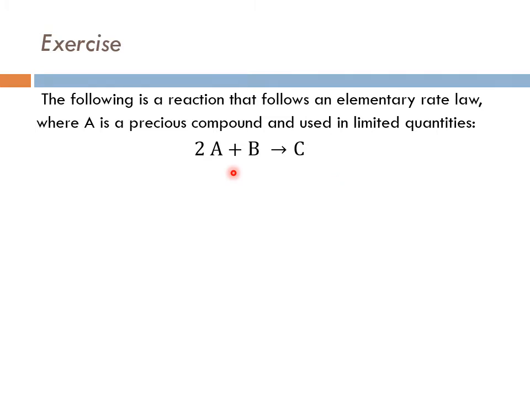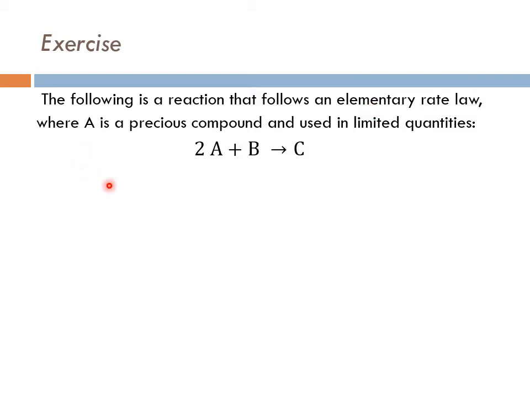This reaction is in fact not an elementary reaction, as we can guess, because it's almost impossible for this reaction to happen in one step, where you have a collision between two molecules of A and one molecule of B at the same time, with enough collision energy to overcome the activation energy and then form C. So this reaction is not elementary. However, it follows an elementary rate law. So that means the rate law is elementary.